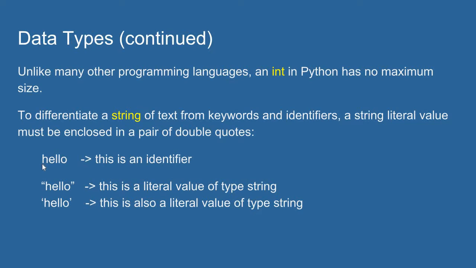So if I have a string of characters without any quotations around them, then we can interpret this as an identifier or a keyword in our program. But once we put a pair of double quotes around this text, it becomes data. It becomes something we can work with. So these, hello with double quotes and hello with single quotes, both represent a string literal value.